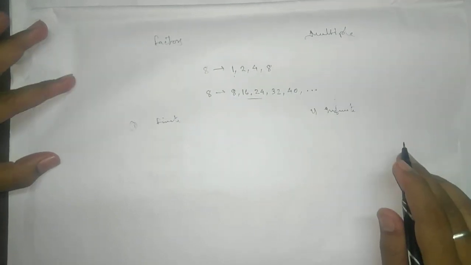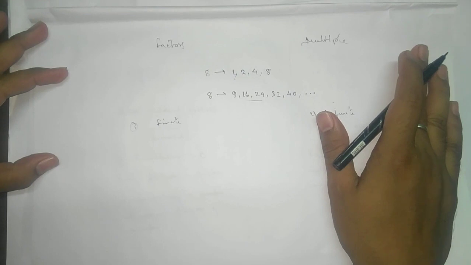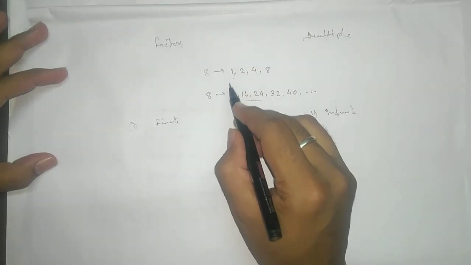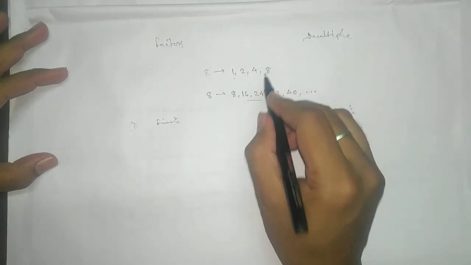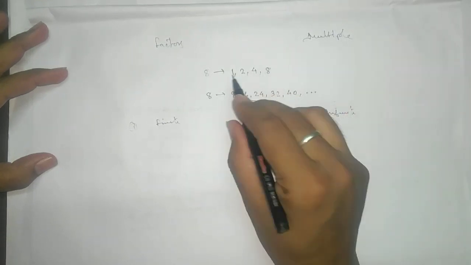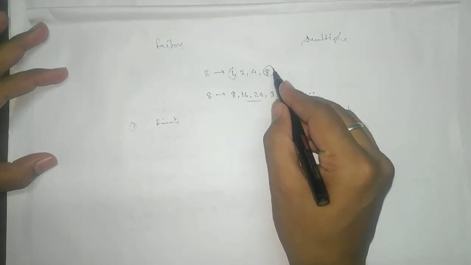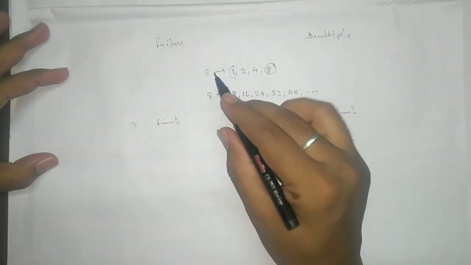Next, in the factors of 8, the minimum number is 1 and the maximum is 8.